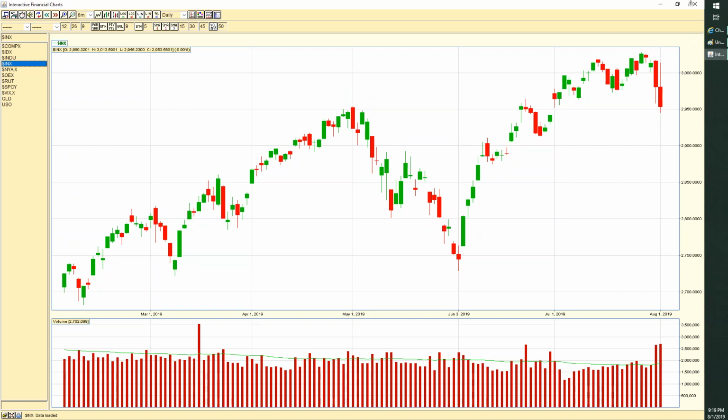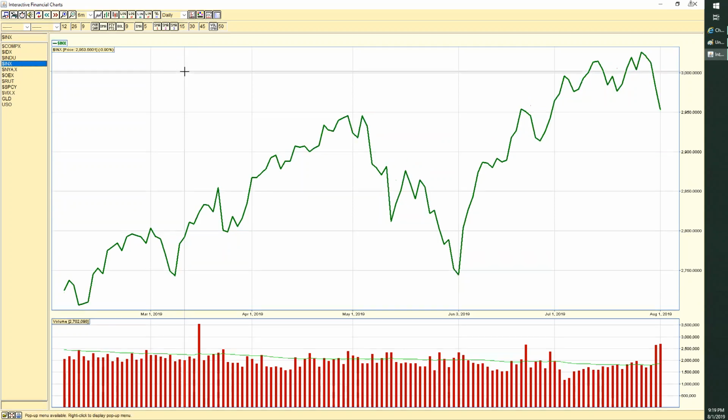So getting an idea of the overall broad market, here's the next step. The next step is I like to compare sectors to the broad market. One of the ways to do that is to simply pull up your sector indexes and plot them on the same graph as a line chart for your S&P 500.